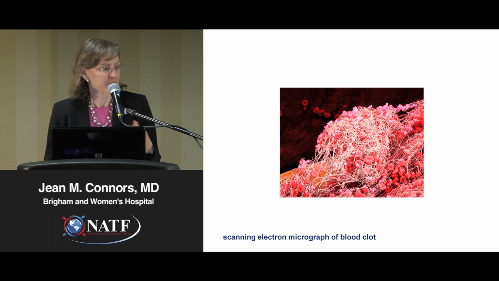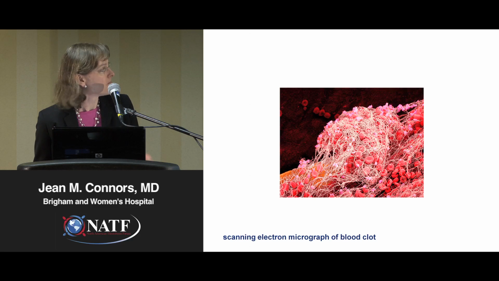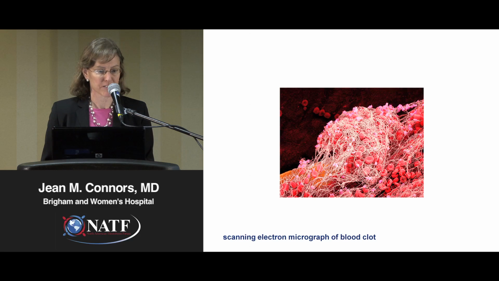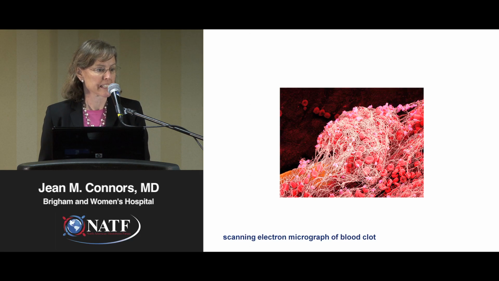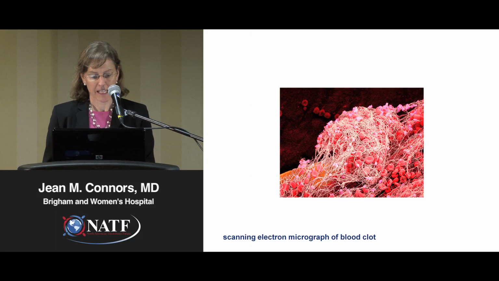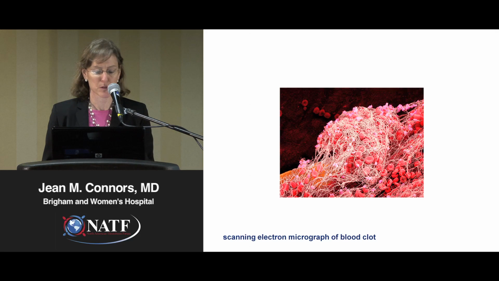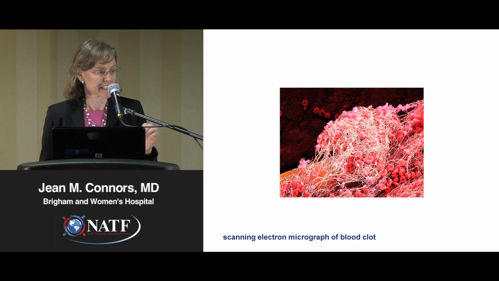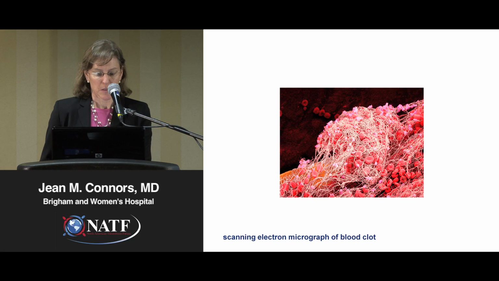Now, this is a picture, a very enlarged electron micrograph of a blood clot. This is approximately 1,000-fold magnification of what a clot looks like in a blood vessel. And I point this out for a number of reasons. The little red disc-like frisbee-looking things are red blood cells. If you can make out, there are some pink things that are platelets that are trapped in there.